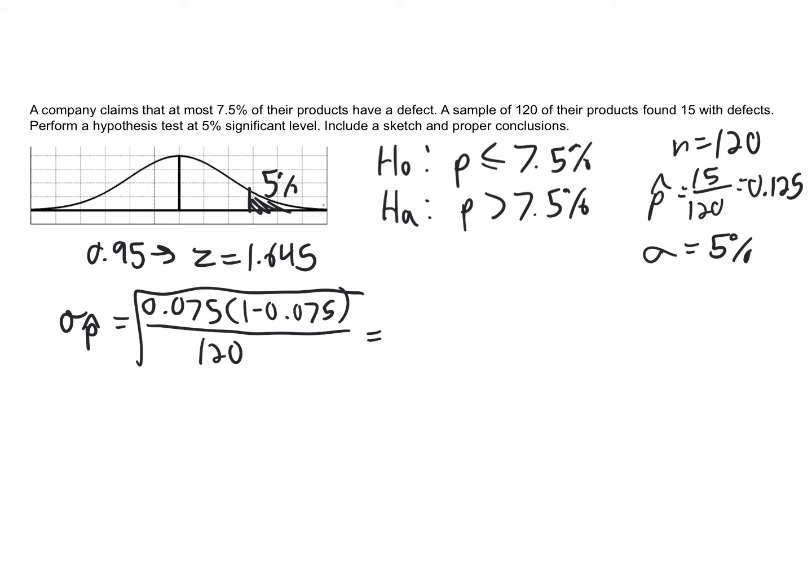Remember to always use the population proportion when calculating this. We get 0.02404, which we can use to find our test statistic.